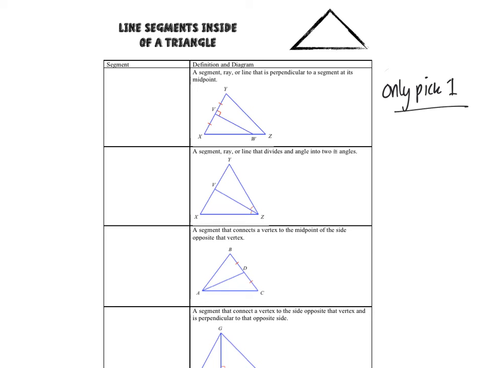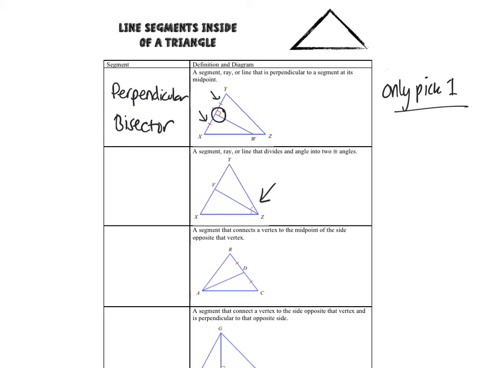So in the first one, it's a picture of a triangle with a line drawn down the center with a right angle marking, and then two of these little tick marks, which means that they are congruent. So because those little tick marks are there, and because we have a right angle, this is called a perpendicular bisector, because it makes a perpendicular line on the bottom, and it bisects or cuts the bottom into two equal parts.